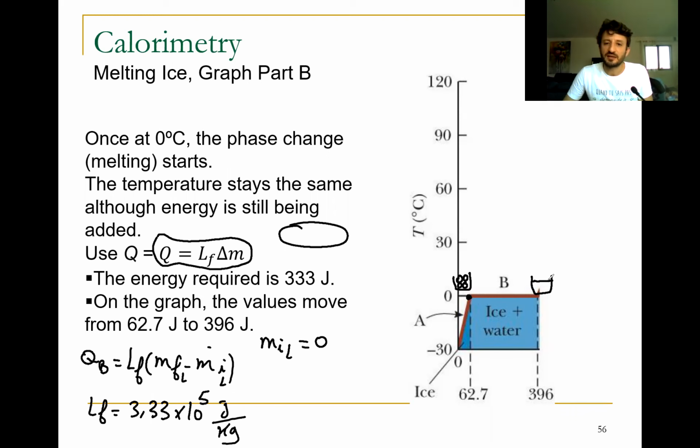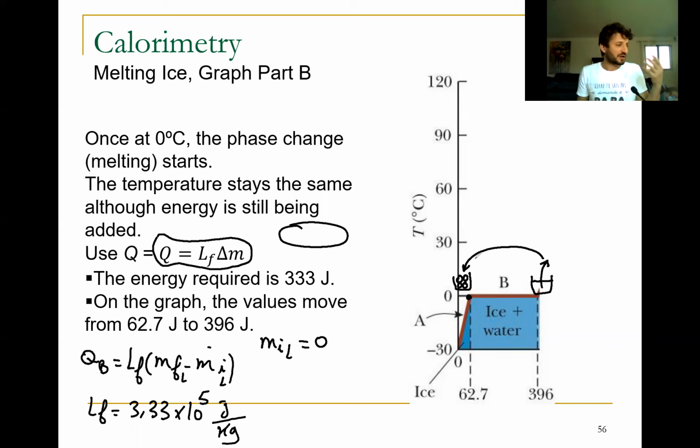And finally, M final of liquid equals the mass of the ice, because the total quantity of ice is converted to liquid. So you will not lose a quantity of mass. You will get the same quantity of mass, initial and final.